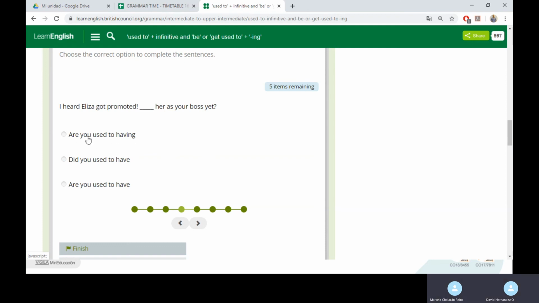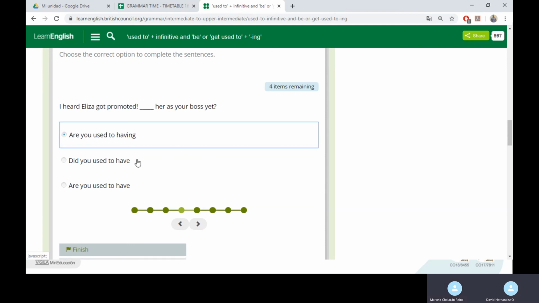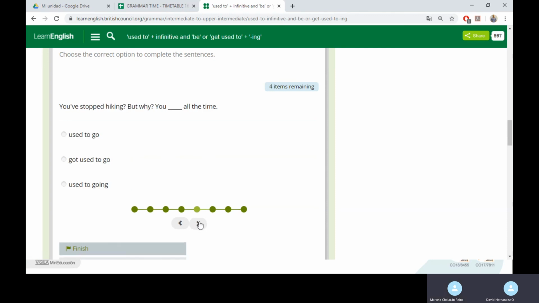Because the structure has the verb to be, used to, and the verb in the ing. Yes. The others do not have that. Did you used is weird because it's past here and past here is incorrect, right? So the mistake is kind of obvious. And here we have the verb to be, but the verb is not in ing. So I think you are correct on this one.